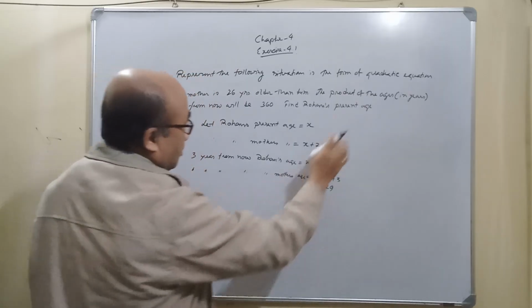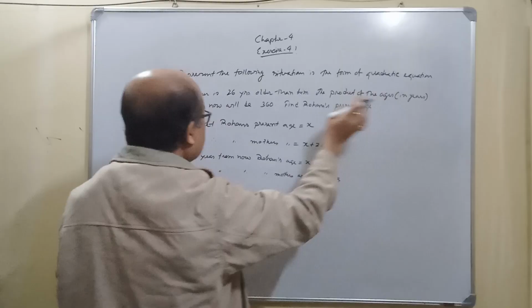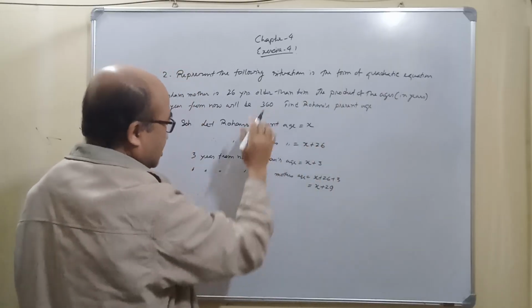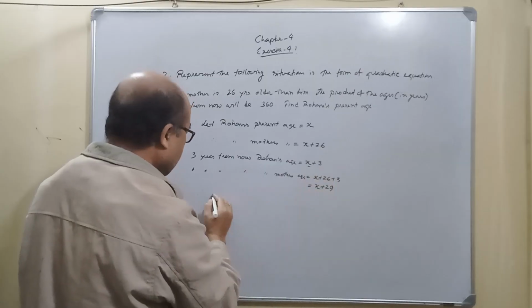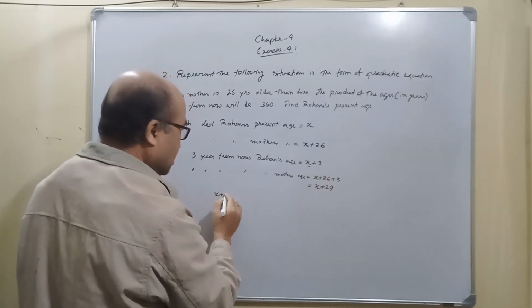The product of their ages will be 360. So x plus 3 into x plus 29 will be 360.